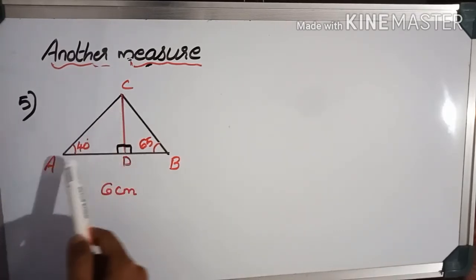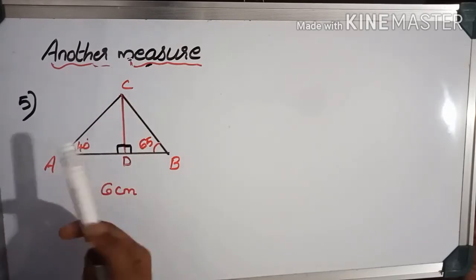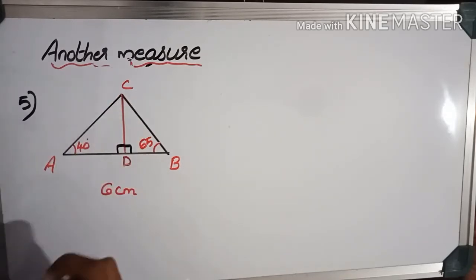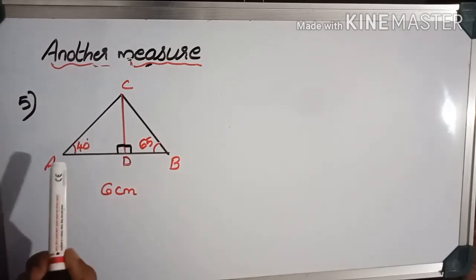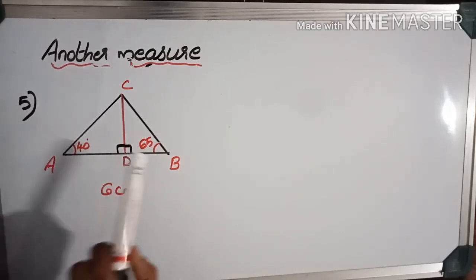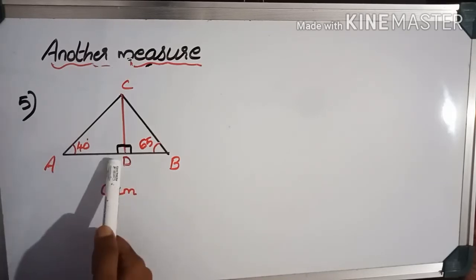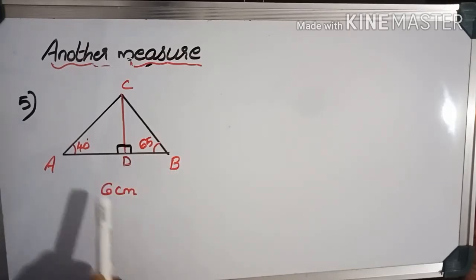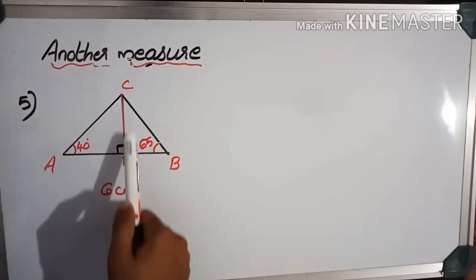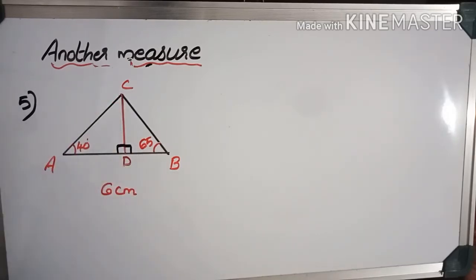Angle is given, but at least one complete side we need in order to consider sine, cos or tan. But here AD we don't know. Total is 6 centimeter and AD we can't say is 3 centimeter. So AD we don't know, DC we don't know, AC also we don't know.